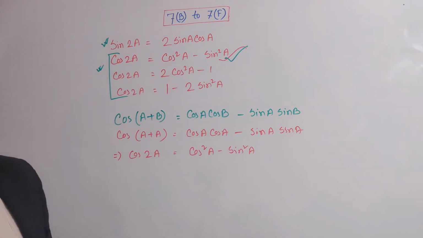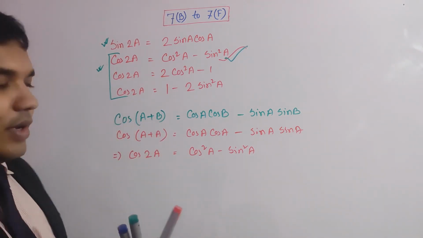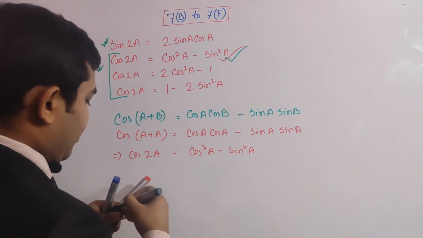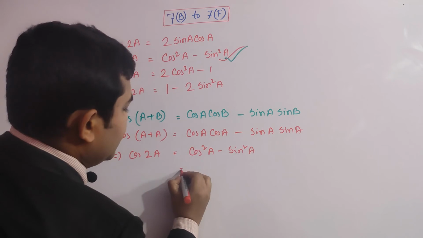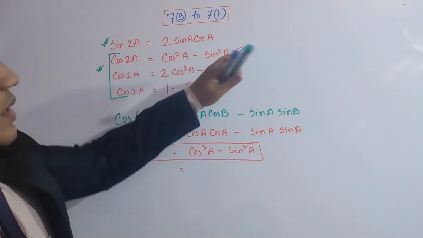Okay, now cos square a minus sin square a equals cos 2a. This is the number 1 formula.